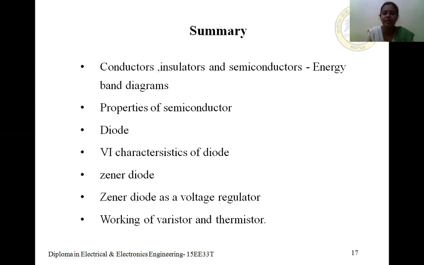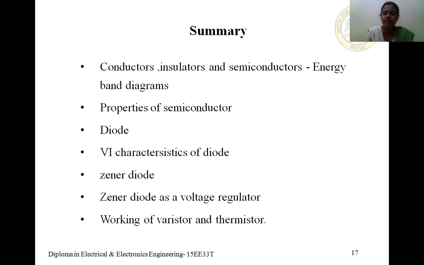Extrinsic semiconductors are again classified as N-type and P-type semiconductors. When a small amount of pentavalent impurity is added to a pure semiconductor, we call it an N-type semiconductor. The pentavalent impurity used is arsenic.